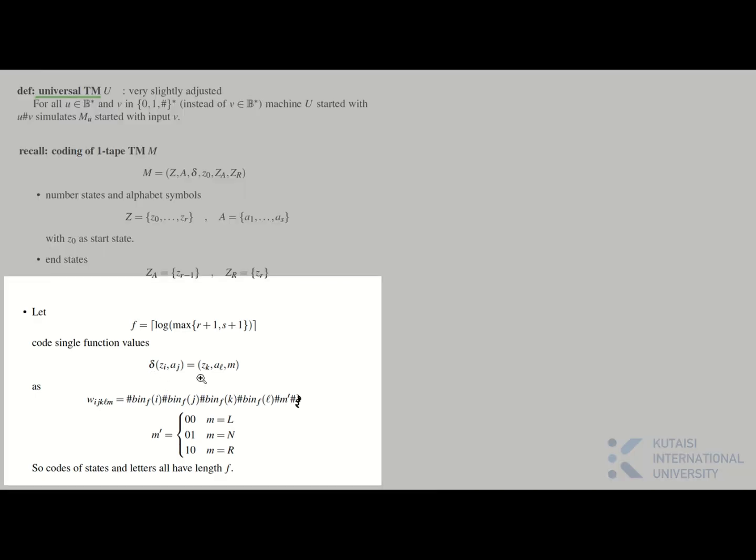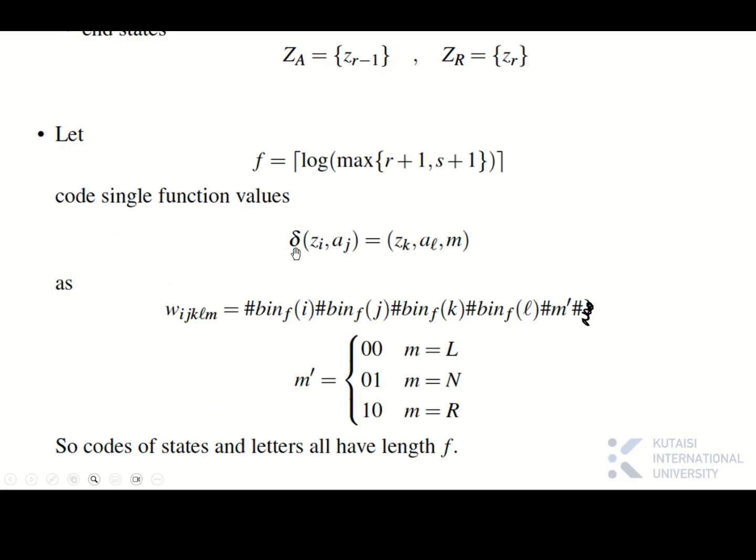So here, as I did before, let's enlarge this part. Let's say I'm in state Zi, so I have a number assigned, and I read letter Aj. From state Zi, I read letter Aj, I have to go to state Zk, overwrite letter Al, and make a movement M, which is left, neutral, or right. I want to code this now.